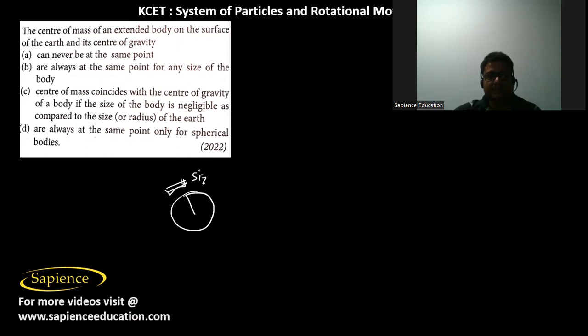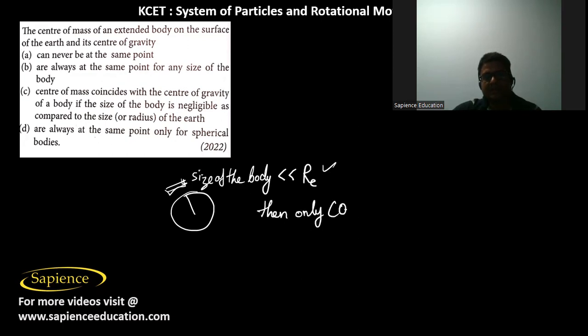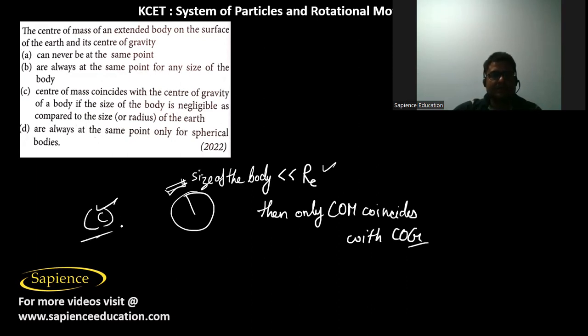It means if and only if the size of the body is much less than the radius of earth, then only the center of mass coincides with the center of gravity. So option C is the correct answer. The center of mass coincides with the center of gravity of a body if the size of the body is negligible as compared to the size or radius of the earth.